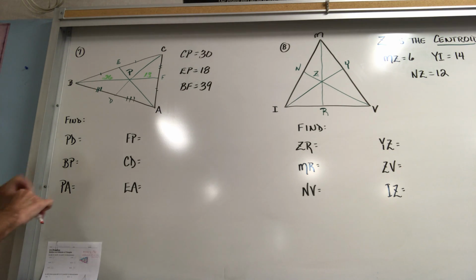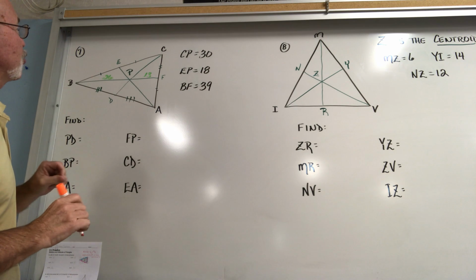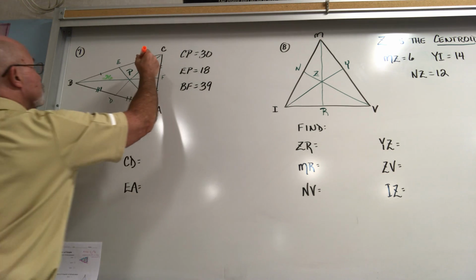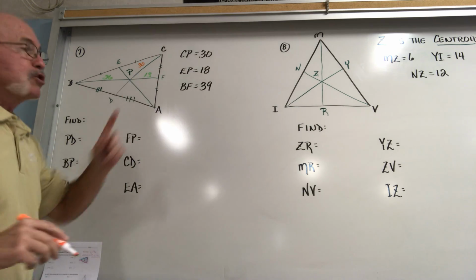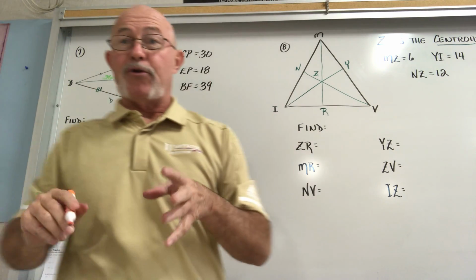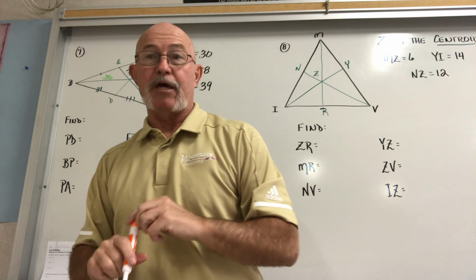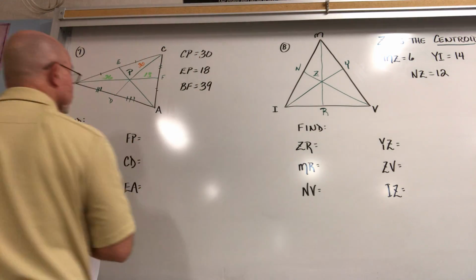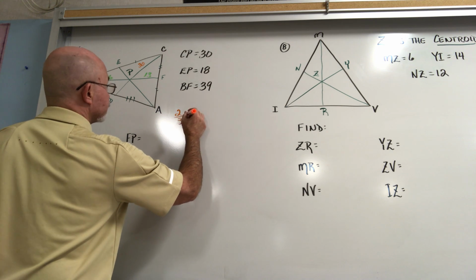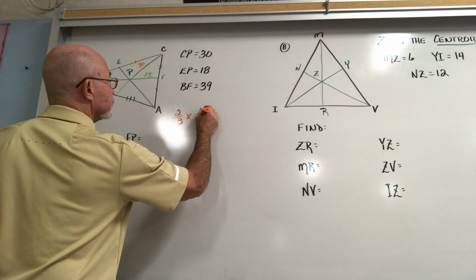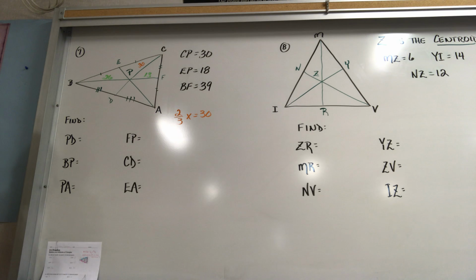CP is 30. That's 2/3 right there. So you have to figure out what 30 is 2/3 of. That's what you're dealing with right there.